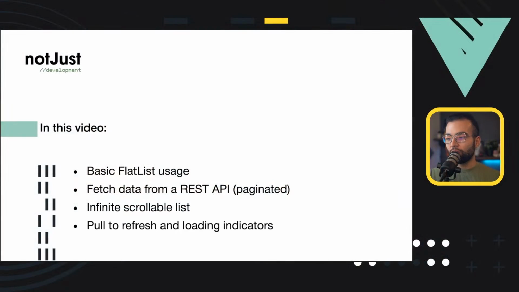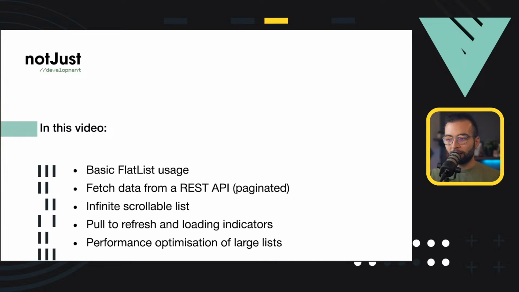What we will also implement today is loading indicators, which we already saw how to do, and things like pull to refresh. And at the end, the most important is the performance optimization of large lists. We're going to talk about that, we're going to learn, and we're going to try to improve the performance of our list by implementing these tips and best practices around this.